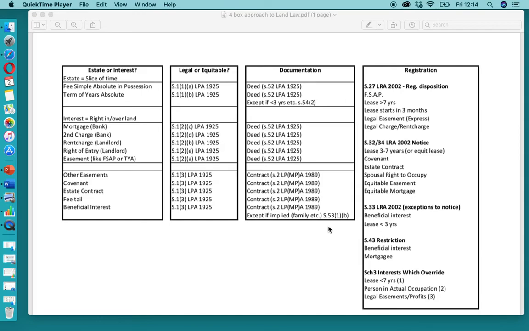So I want to provide you with this document to act as a framework for you to start mapping these people across. You can see who they are, you can see whether it might be legal or equitable, you can see what type of documentary evidence they need to protect that and show the world that they have that formal agreement with that party.